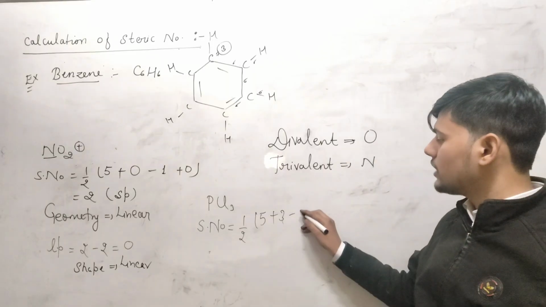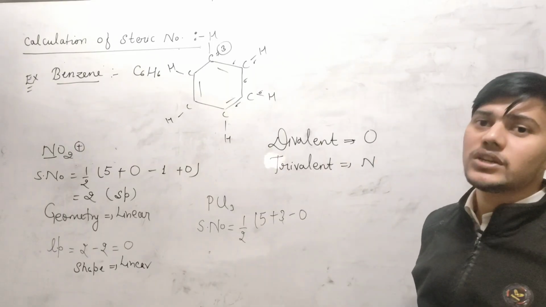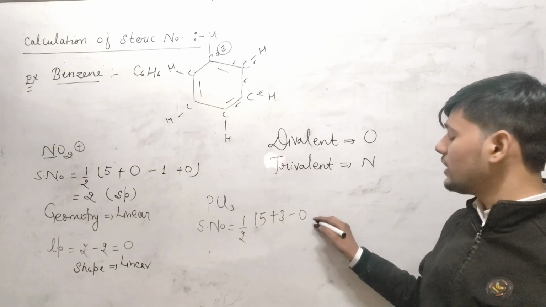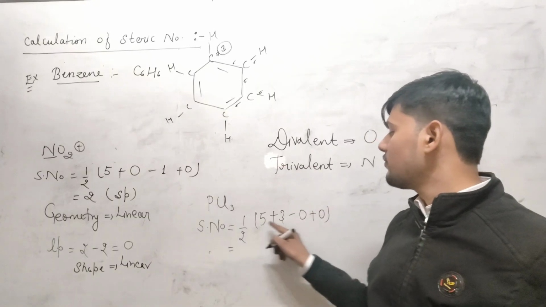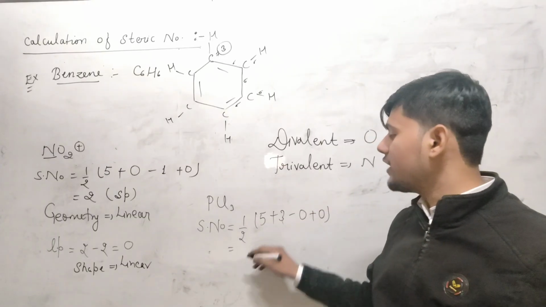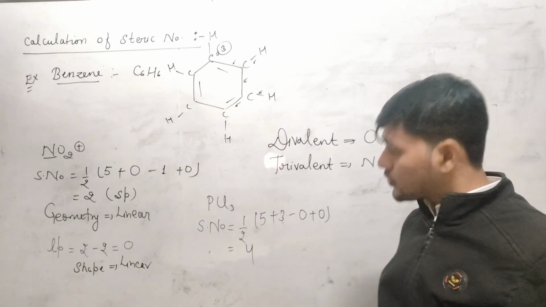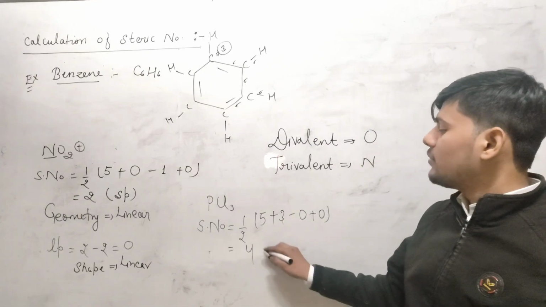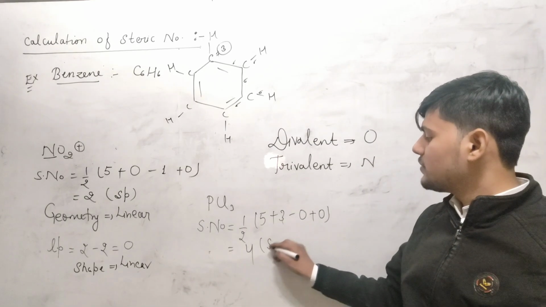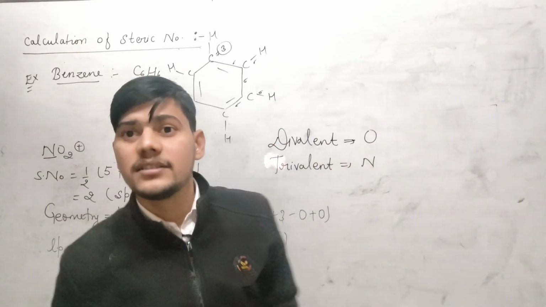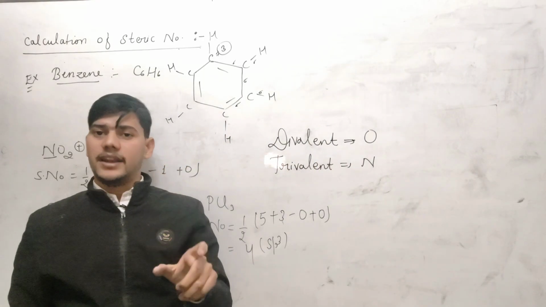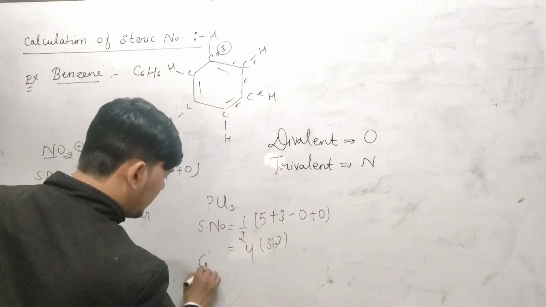No cationic charge, so there will be 0. And is there any anionic charge? No negative charge or anionic charge, so there will be 0. So 5 plus 3 is 8, 8 divided by 2 is 4. So the hybridization corresponding to this will be sp3, and the geometry will be tetrahedral.